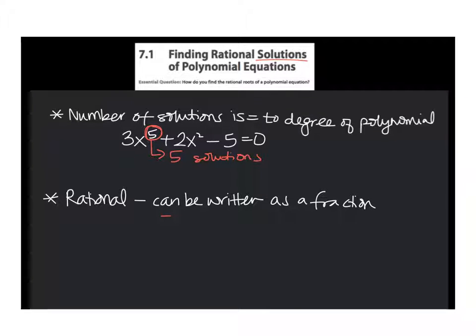So for example, we could have like -1/2 or +8. Remember, whole numbers can be written as fractions if we put them over 1. So +8 or even 0, right? Those are all rational numbers. Things that wouldn't be rational would be like the square root of 17. Since that doesn't have an actual square root, that's not rational. Just so you keep that in mind.